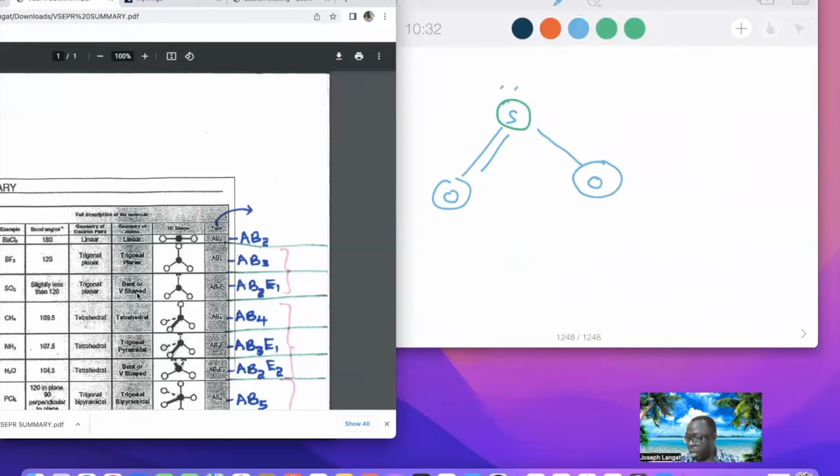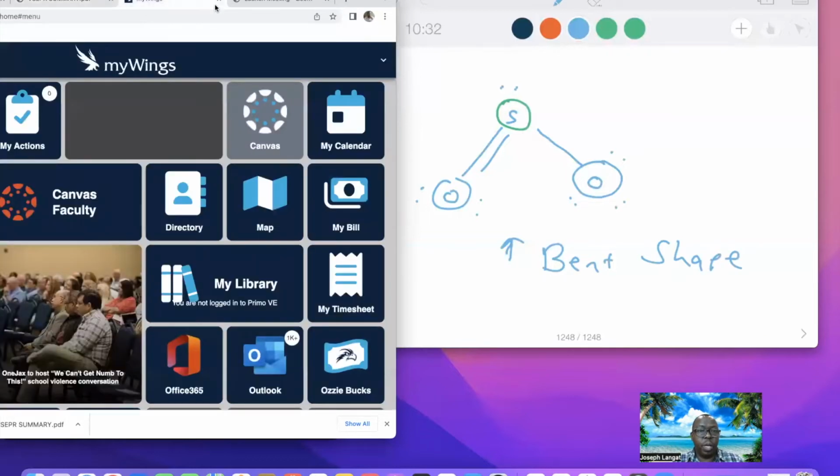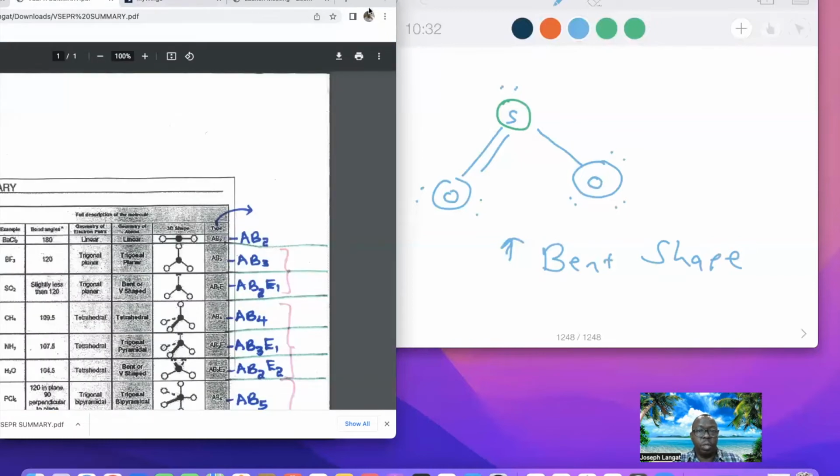Of course, you'll have 4, and then this one will have 6. You're not going to have the dot pair for the molecular shape. This is pyramidal shape. We'll say pyramidal shape. So there are 2 types of shapes you will be asked to state.